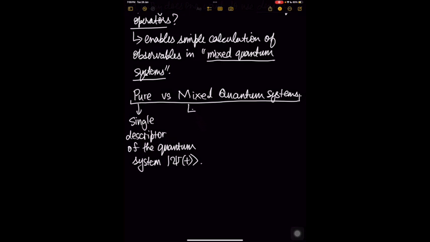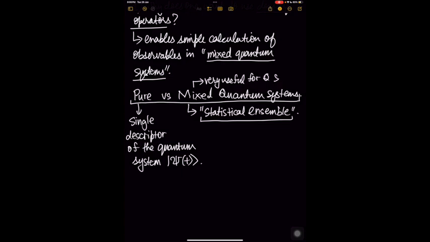Now, when you consider a mixed quantum system, it generally is used to denote a statistical ensemble. These are the most common mixed quantum systems, and they are very useful for quantum statistical mechanics.